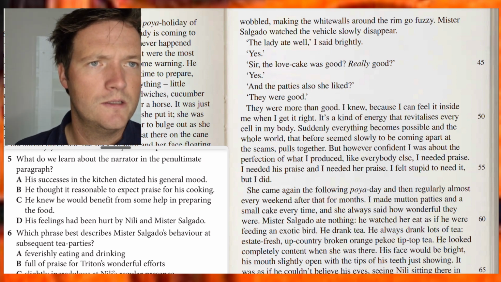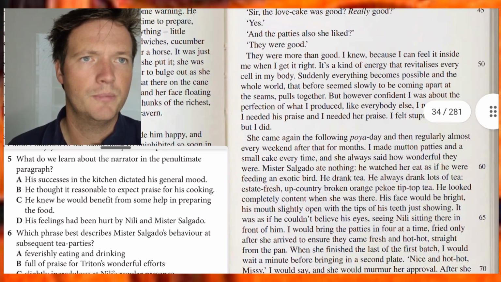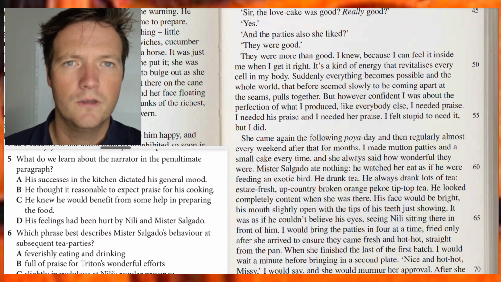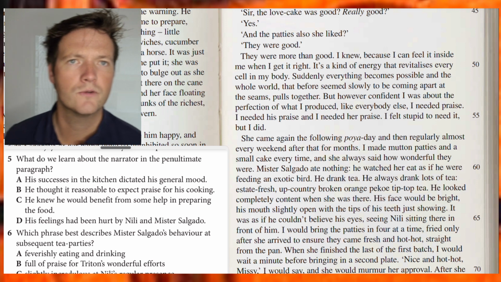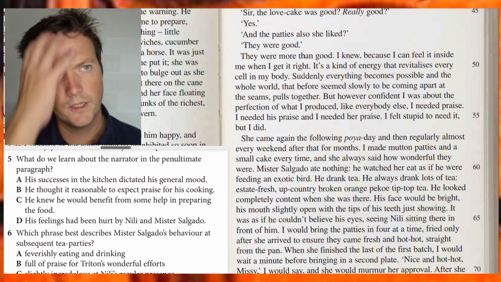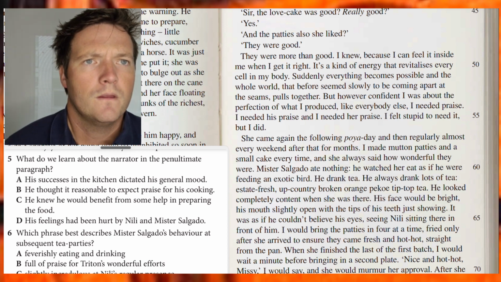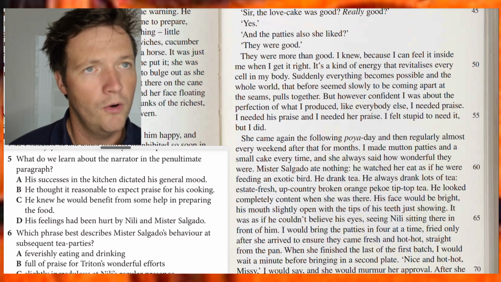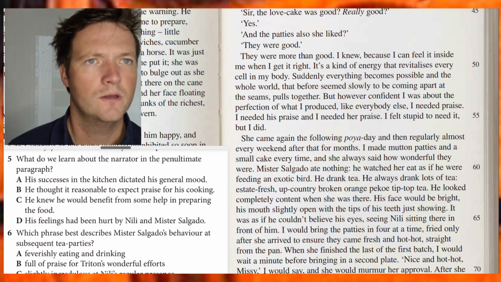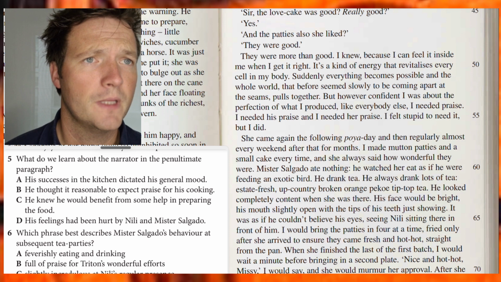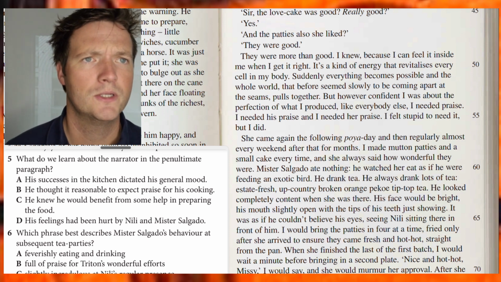Okay, and is this the penultimate paragraph? Yeah, it is. So the last paragraph's very long. Okay, we're looking for what we learn about the narrator in the penultimate paragraph. So what do we learn about Triton here? It says, they were more than good. I knew because I can feel it inside me when I get it right. It's a kind of energy that revitalizes every cell in my body.